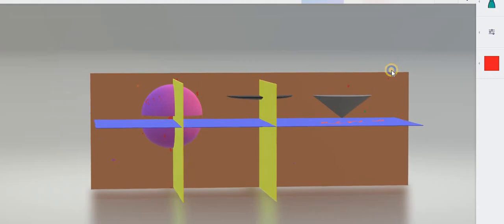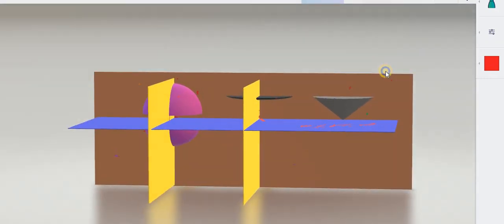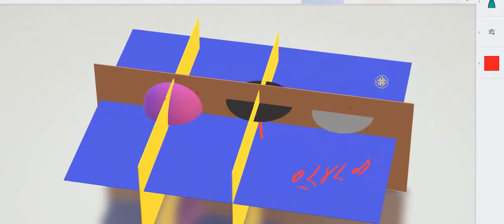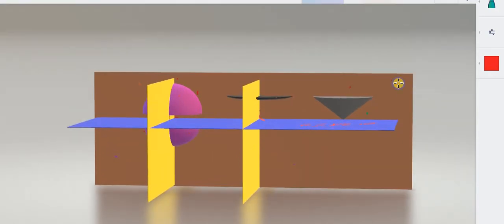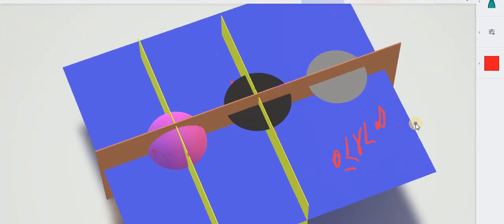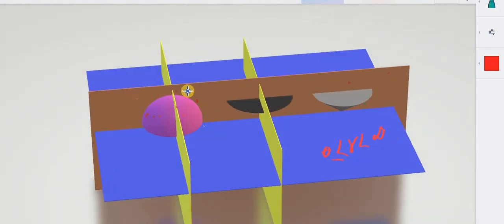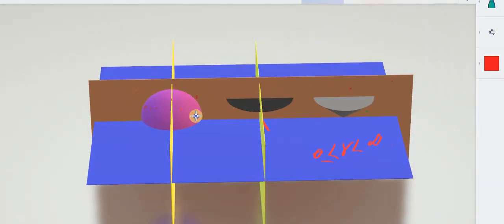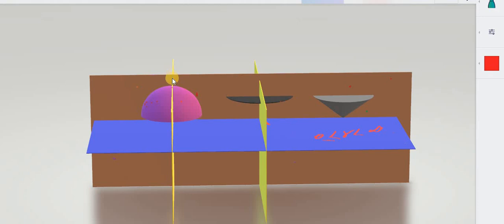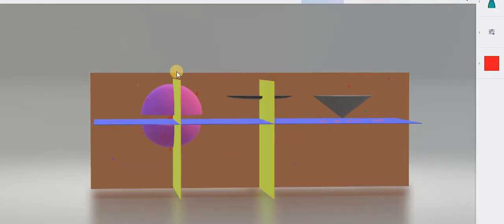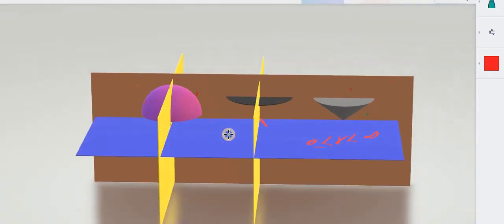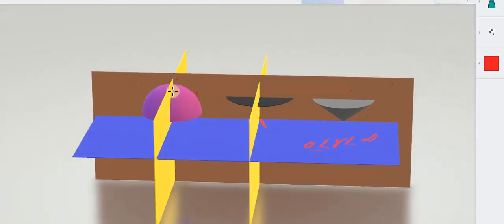Okay. So for that explanation, we have to take the axis. The axis for this sphere is one line passing through the origin, which we take as a reference line.